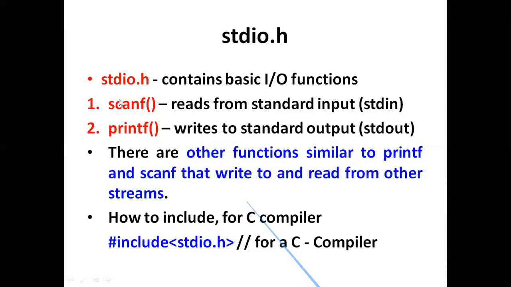Still now, in whatever programs we have written, the header file included inside every program is standard input output, the stdio.h header file. For what purpose do we include this header file? To support the input functionality scanf, and the output functionality printf.